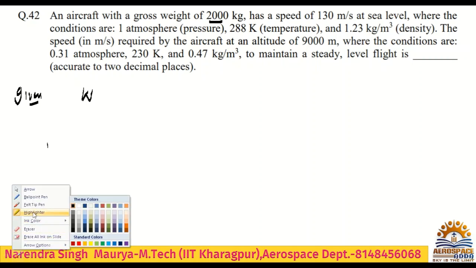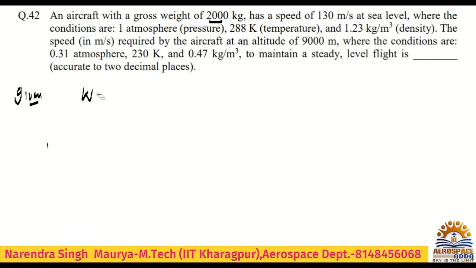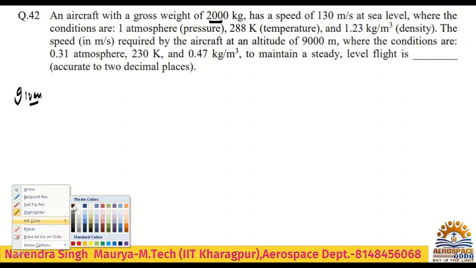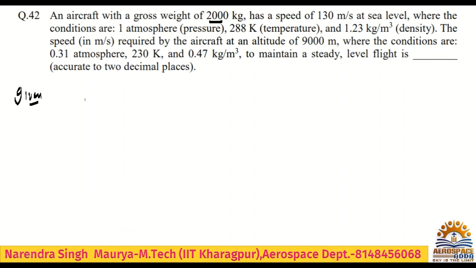They have mentioned weight, but unit is kg, so be careful. So they have given mass, how much? 2000 kg. Has a speed of 130 meter per second, where the conditions are atmosphere.